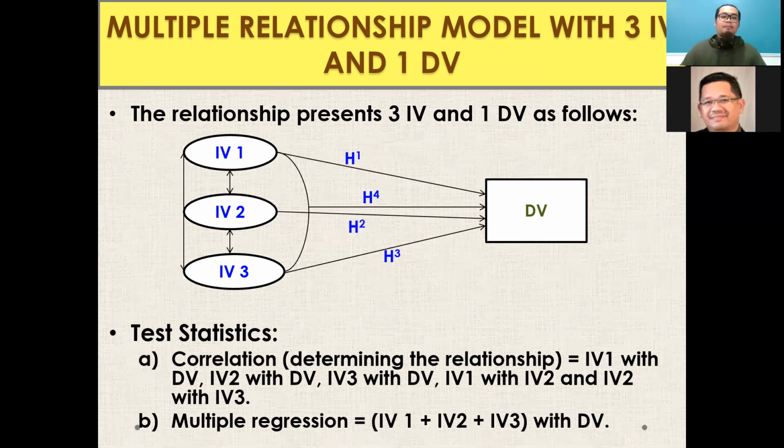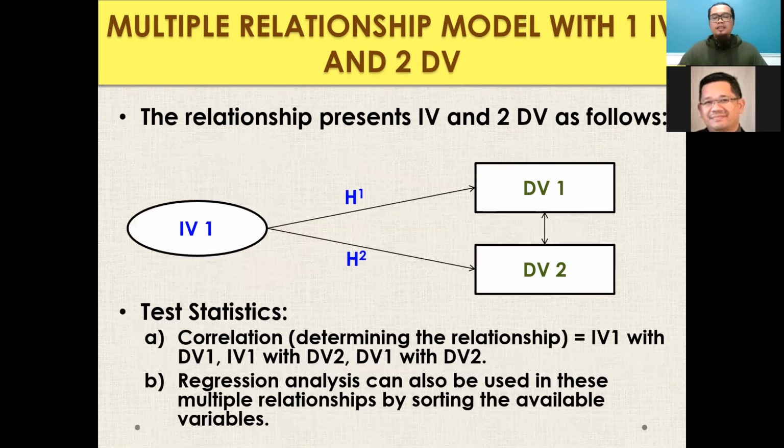We call that multiple regression. So we can measure the influence and effects of the 3 independent variables combined towards the dependent variable. Like 2 IV and 1 DV, for the 3 IV we can also use multiple regression to measure the direct effects on the dependent variable.